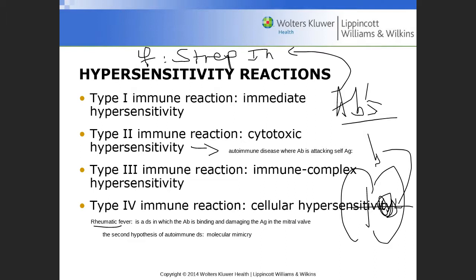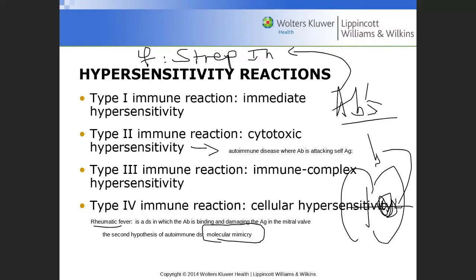But there are many diseases in which an antibody that is meant to react to a pathogen ends up attacking the self-antigen. And that's because we share the same sequence of amino acids. So the sequence of amino acids that you find in the mitral valve happens to be found in the strep infection.